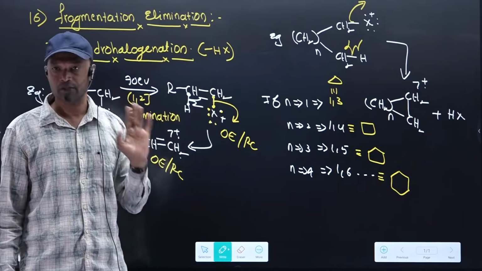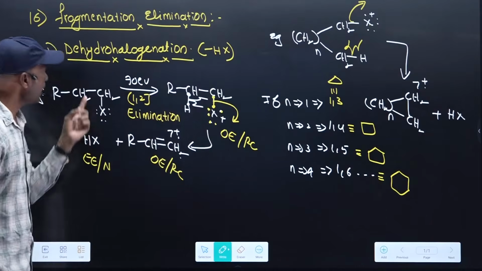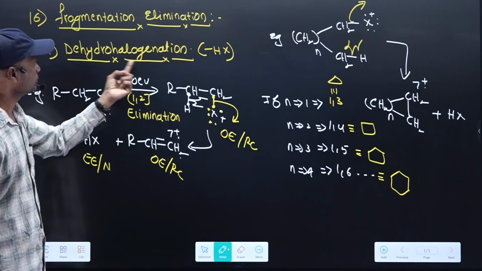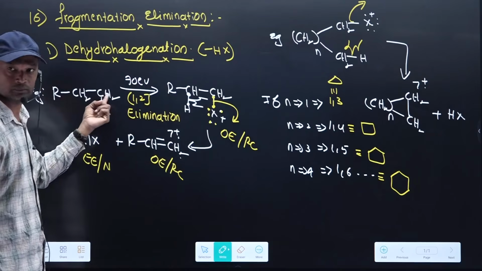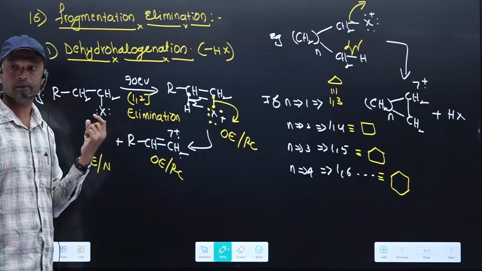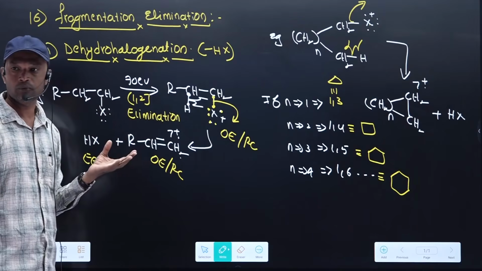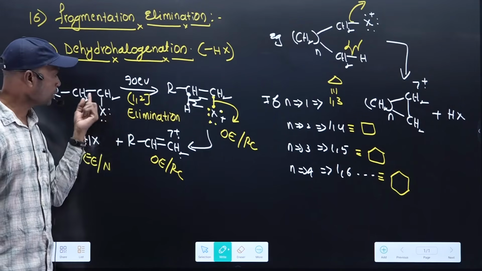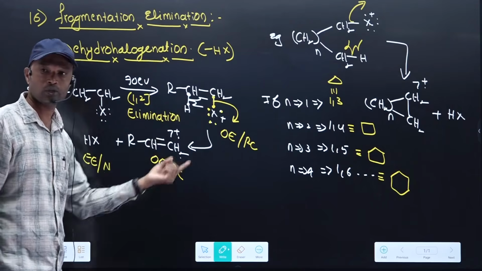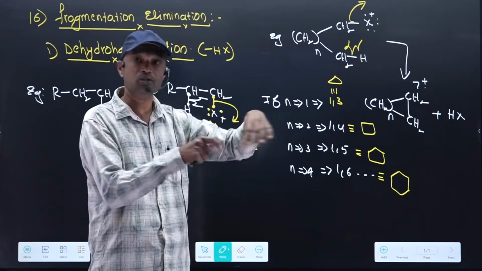That is called cyclization. So indirectly what I am saying is that halogen derivatives, that is haloalkanes, undergo dehydrohalogenation, also called cyclization, in a long chain.